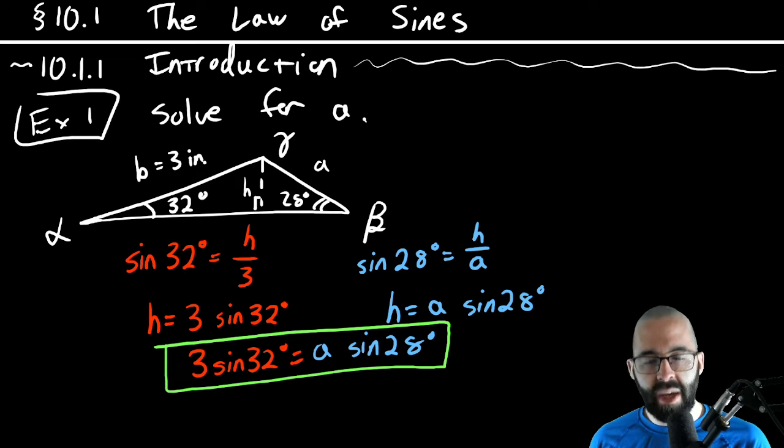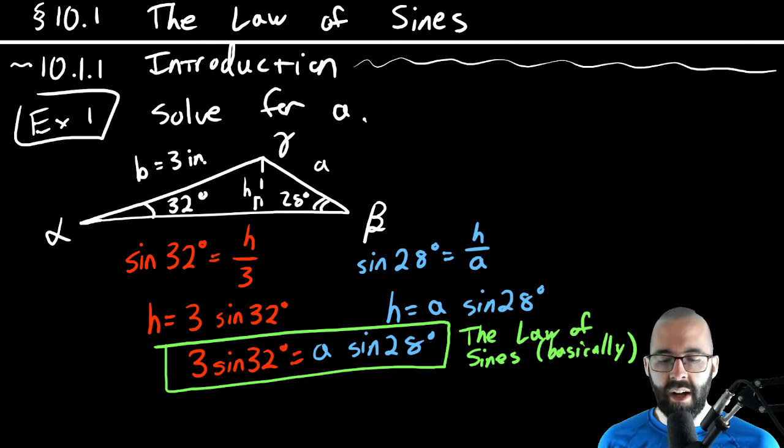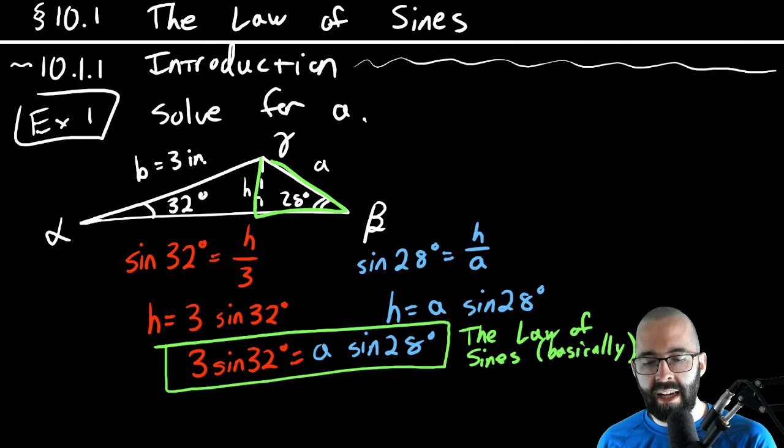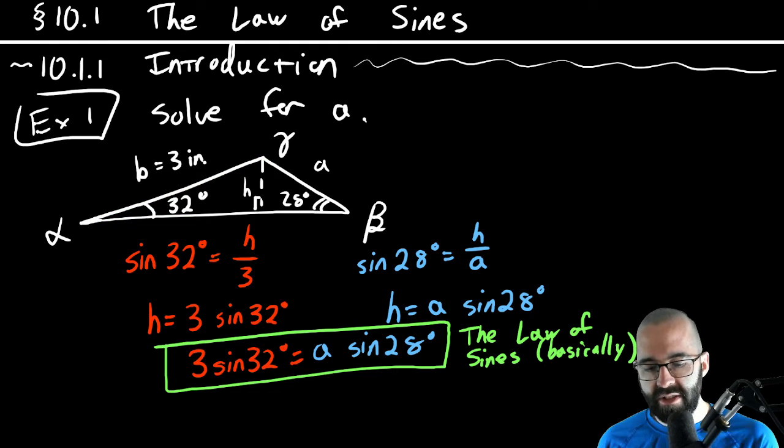This step right here is basically the law of sines. So the law of sines really just comes from splitting any triangle into two right triangles. But we can finish the problem.